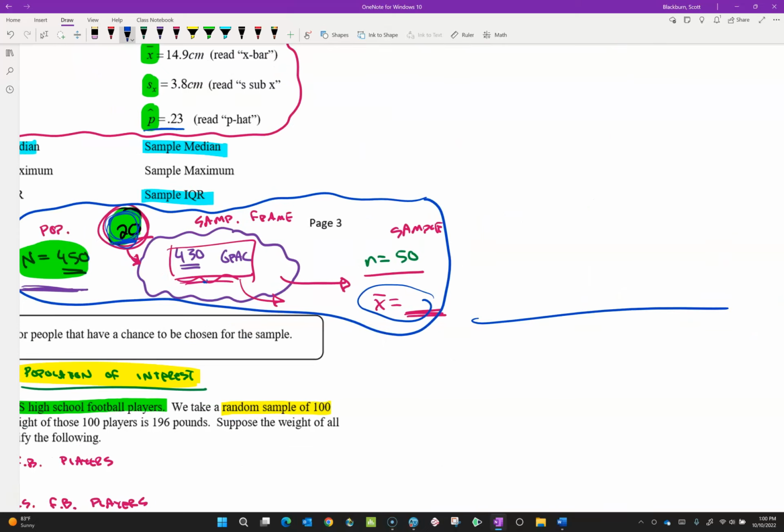If the true average number of days that kids miss was, let's just say, 3.1, my sample means might tend to be lower on average than that 3.1. And there might be some that are above. Some of your samples might be above. I'm not saying every single one is going to be lower, but on average, it's going to be off. That's bias. Okay?